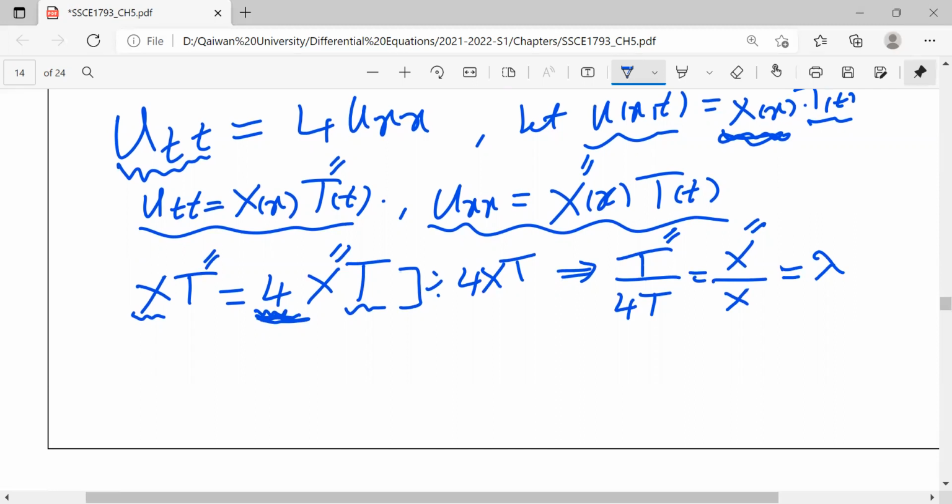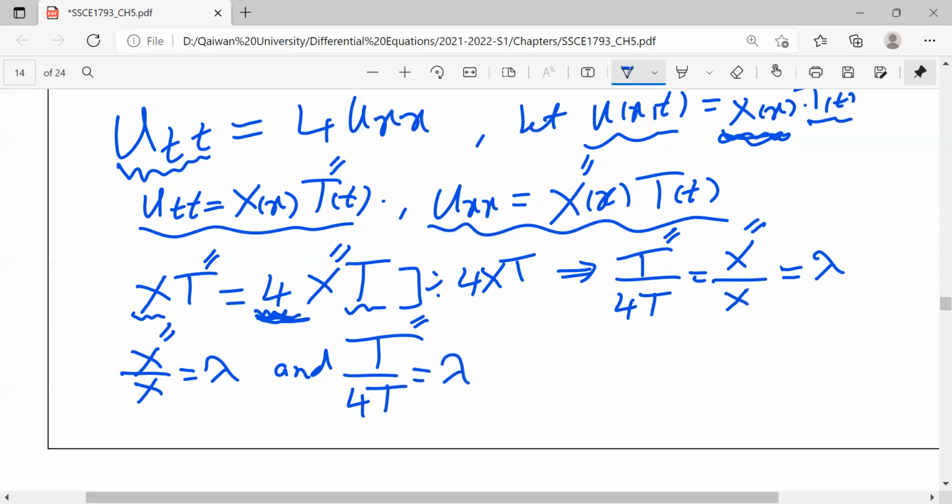That means X double prime over X equals lambda, and T double prime over 4T equals lambda. And from these two equations, we get X double prime minus lambda X equals 0. This is a second order ordinary differential equation.